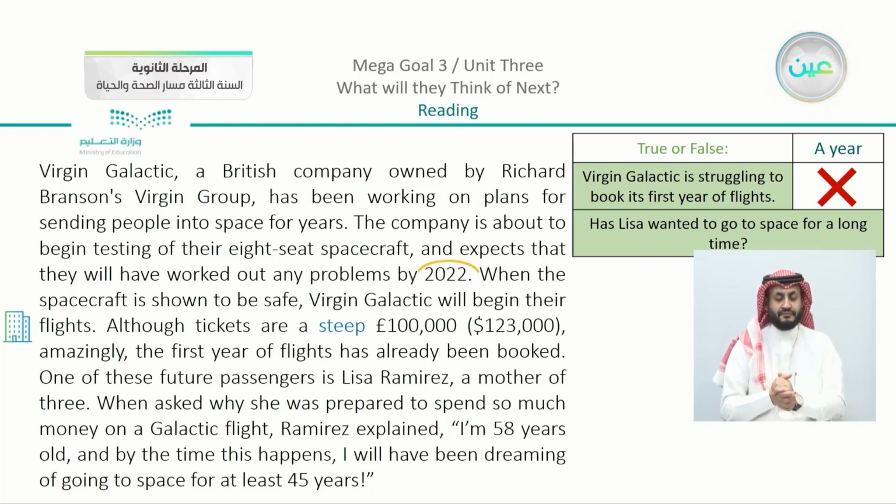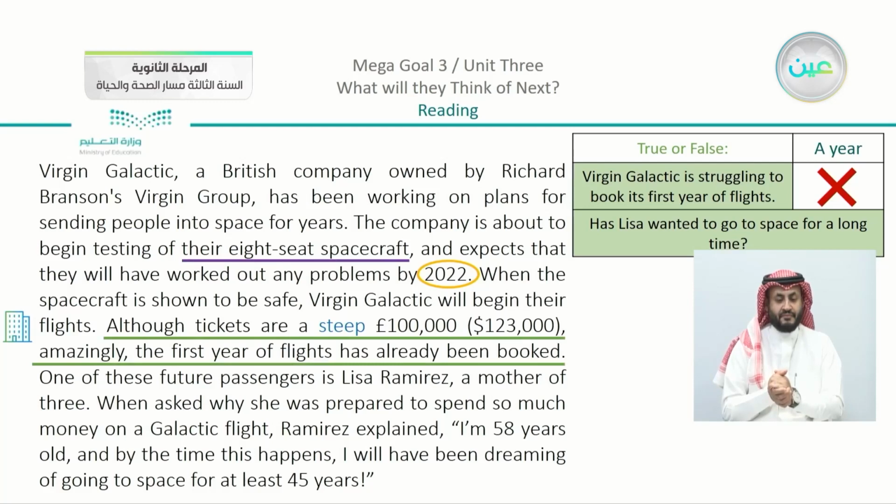We can see that by 2022 there were different, of course, this information is related to the Virgin Galactic. And then after that, we have here Lisa, who was the mother of 3. Now, she was asked why she was prepared to spend so much money on a galactic flight.